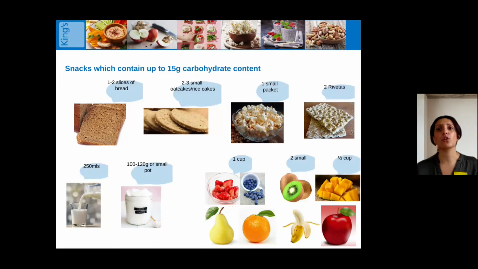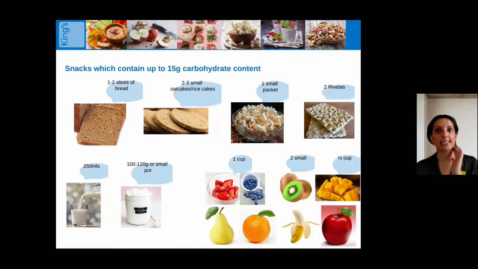So you might find smaller portions of these tend to work better for you. If you're having something like a mango, for example, maybe a slice of mango would be the right amount. Or something like your watermelon, a small, probably fistful size would be the suitable amount. And for any berries, a palm-sized portion would give you enough carbohydrate for the snack.